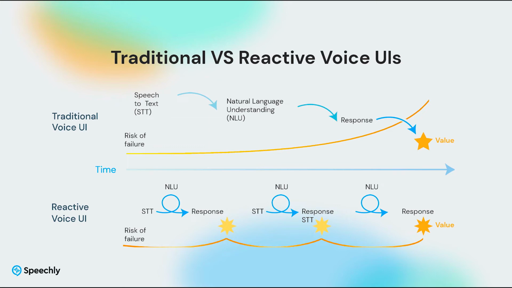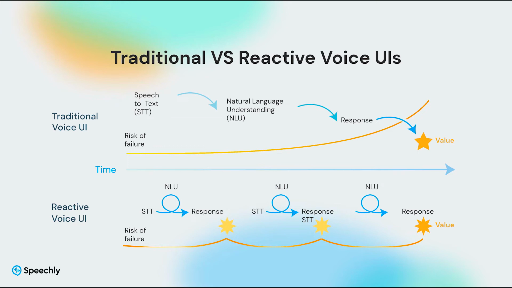So to illustrate this, let's look at how a traditional voice UI experience is built. It starts with speech to text, and this is where a text transcript is generated based on what the user says. Once the user has stopped talking, the natural language understanding kicks in. And this is where the system starts to actually make sense of what the user wants to accomplish, or put in other words, the intent of the user.